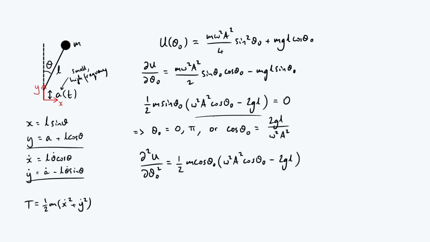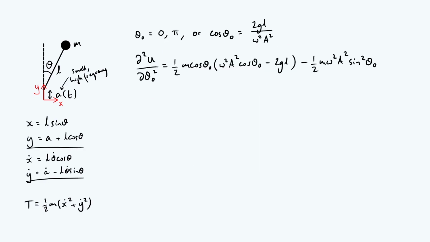Now, when you differentiate the stuff inside the brackets, the constant term will disappear, and you'll just get omega squared a squared times minus sine of theta naught. And if you times that by half m sine theta naught, you're going to get minus half m omega squared a squared, and then sine squared of theta naught. So there's your second derivative of the potential.